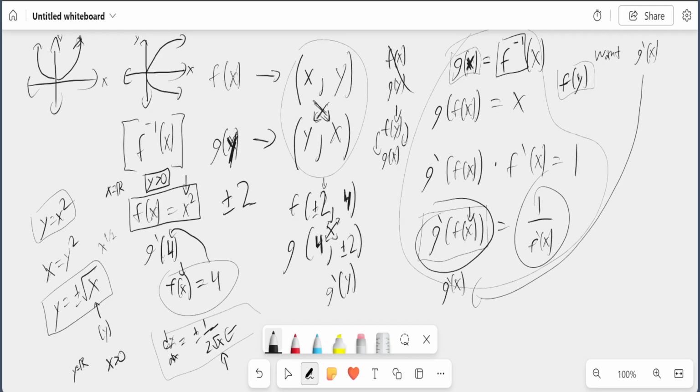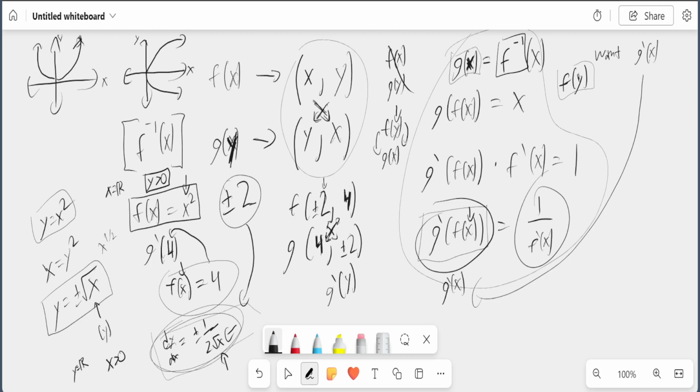But our derivative is in terms of x, so we need to find the x value that will give us 4 for g. For f, that's plus or minus 2. So that's what we plug in into our derivative.